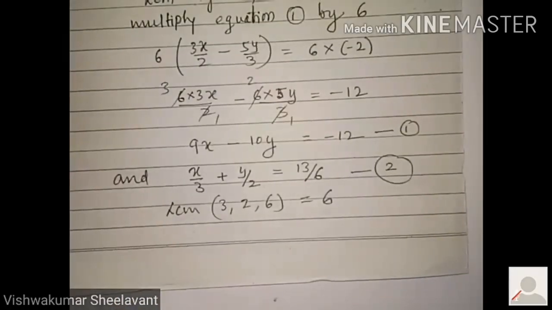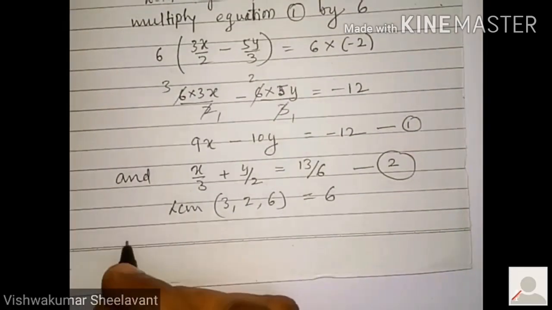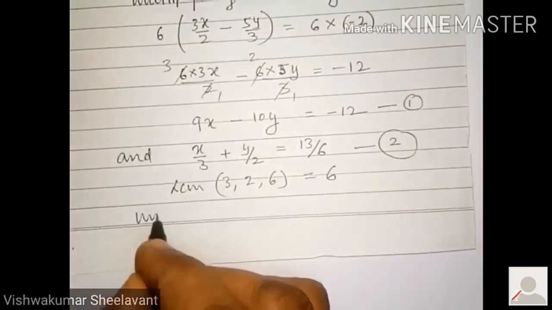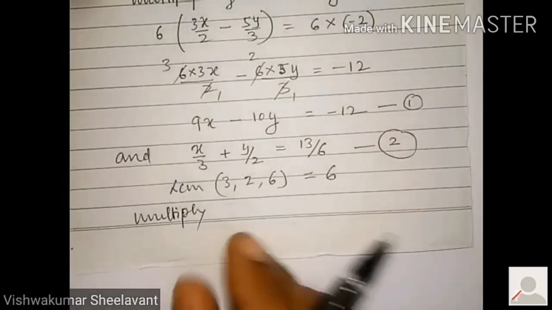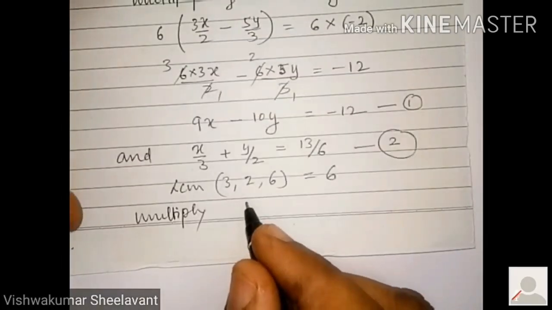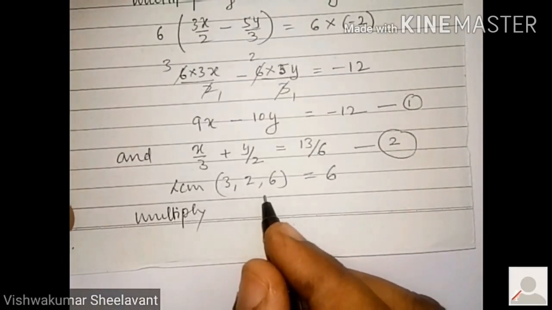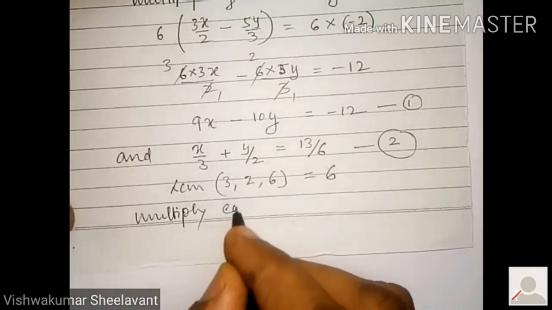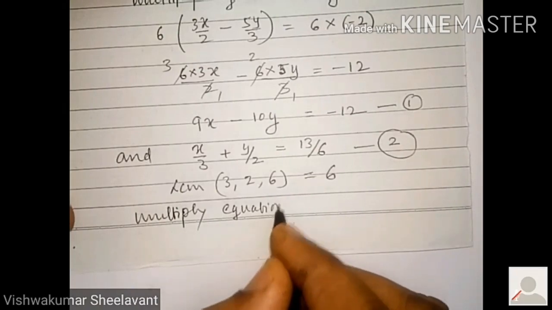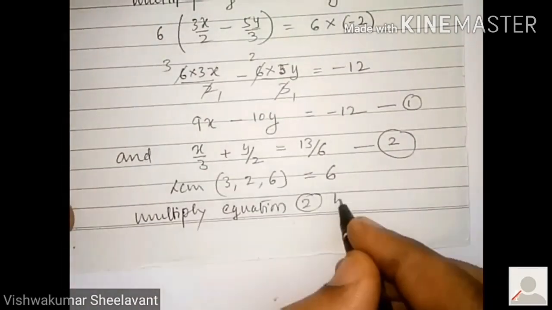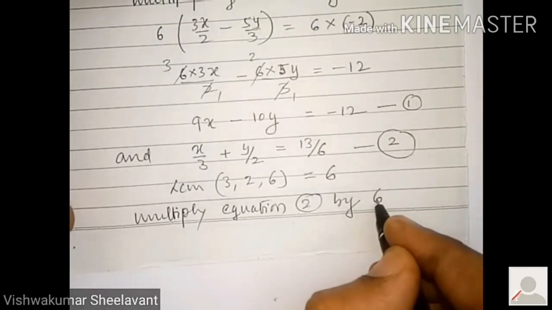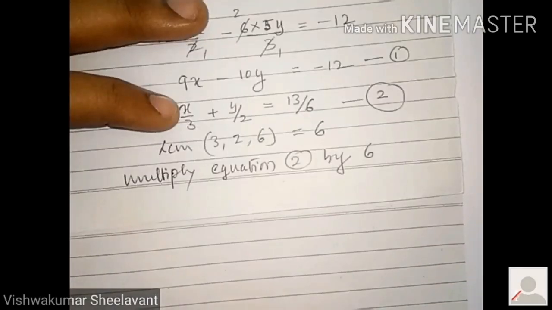This is equation 2 now. Multiply equation 2 by 6. What do you get then?